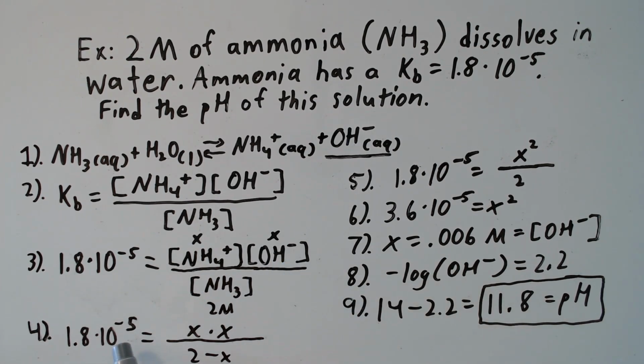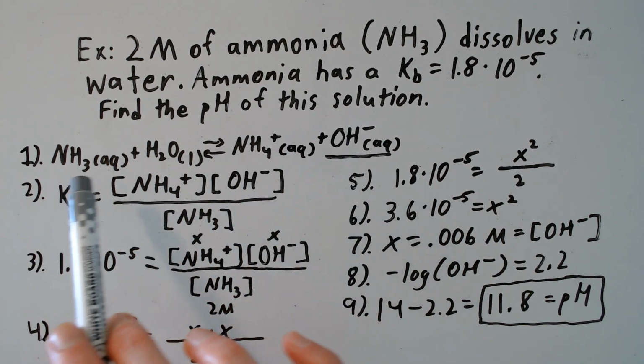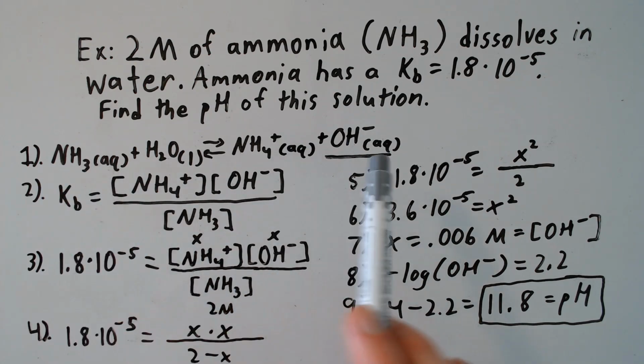Furthermore, the 1.8 times 10 to the negative fifth equals x times x on top, over 2 minus x, because we do not know the final concentration of this NH3. This equation is for when the reaction actually proceeds.